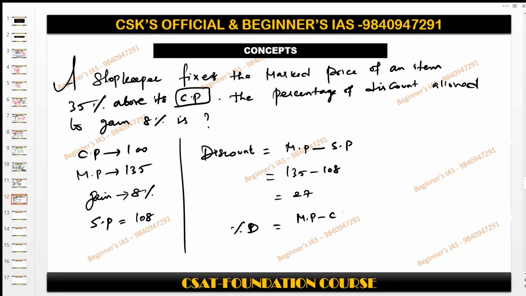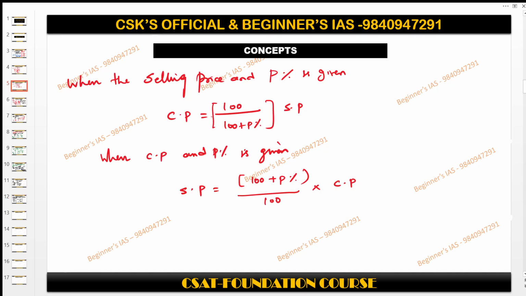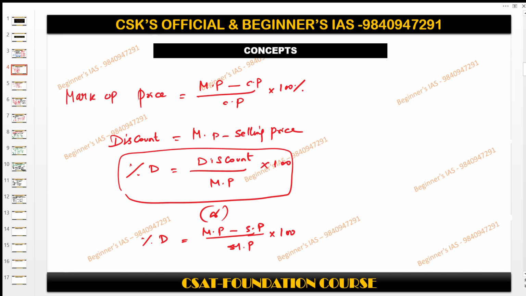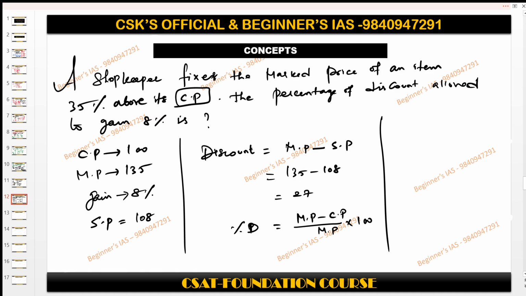MP minus SP by MP. Please remember and please take notes, this is the formula here. After knowing this, easily you can find out the discount percentage.